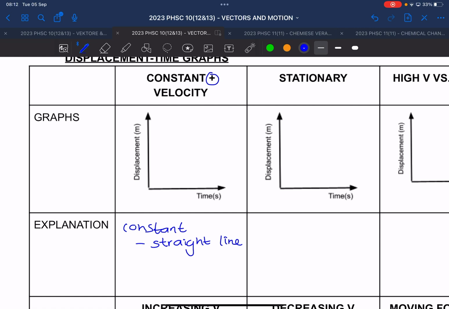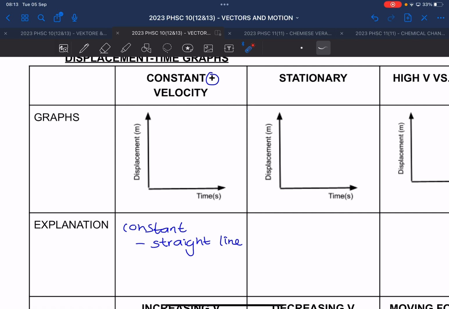For a displacement time graph, where do you find the velocity? In a displacement time graph, what gives you the velocity? No, meters gives you distance.